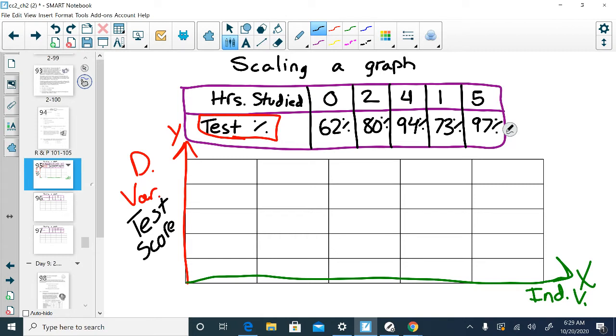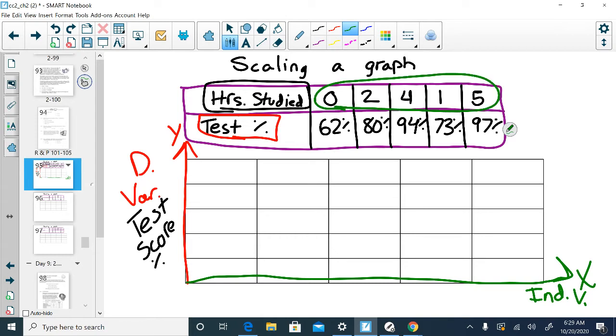And we're going to record this as a percentage. And then over here, on our x-axis, we're going to have hours studied. That's just going to be a gradual climb from 0 to 5 hours. When we're trying to scale this graph, we look at the range of our numbers.